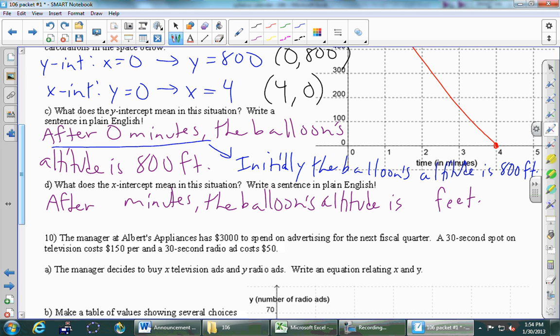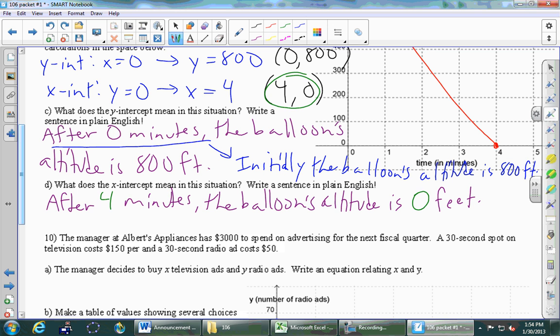All right, so I've written my sentence, but I've left the numbers out. It's exactly the same sentence every time with this setup. So after how many minutes for the x-intercept? After 4, put this in a different color. After 4 minutes, looking at this point, what's the balloon's altitude? 0 feet. You can just keep using the same sentence, but change the numbers.